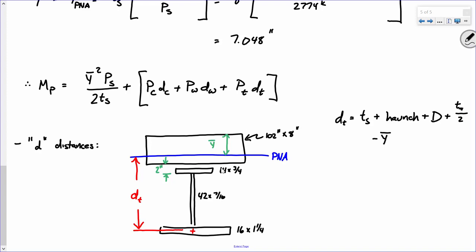Make sense? So that's going to be 8 inches plus 2 inches plus 42 inches plus 0.625, minus 7.048, right?